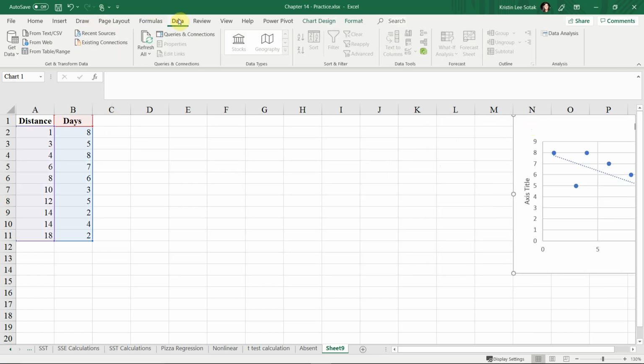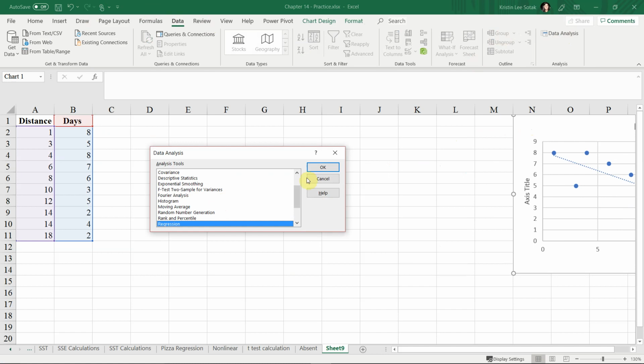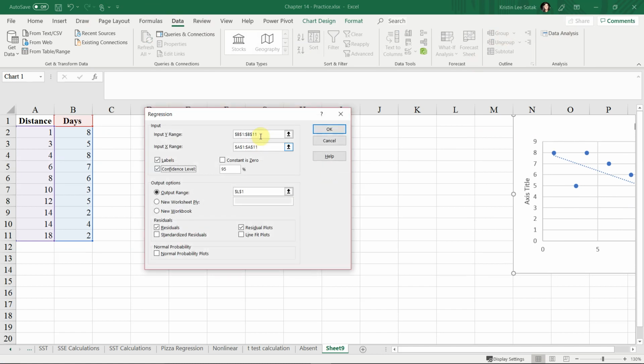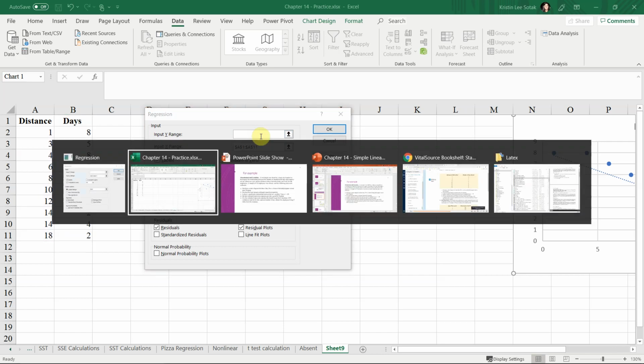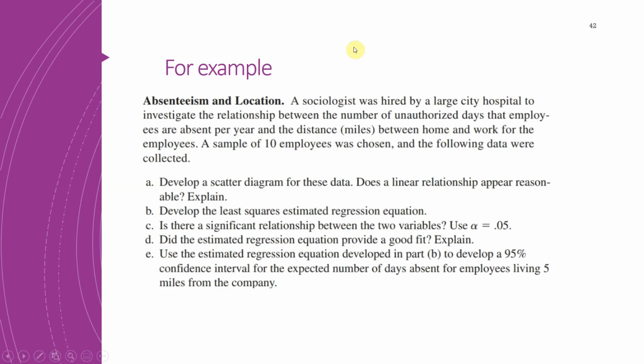Let's go up to Data, Data Analysis, Regression, select our variables. So y is the outcome. What is the outcome in this problem? Days. So we're looking at distance and how often people are absent.